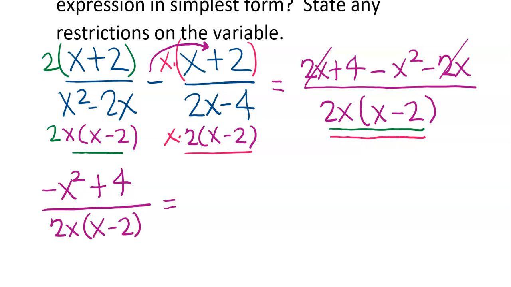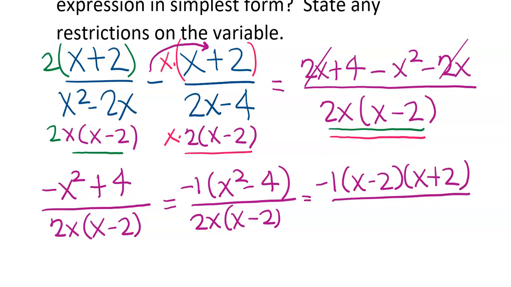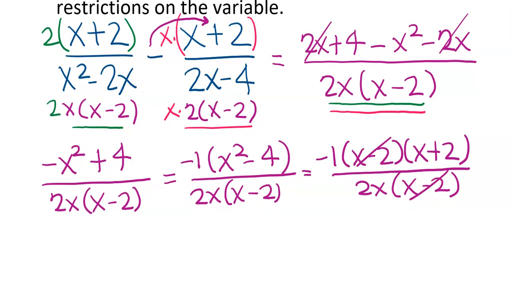I think that's the difference of 2 squares, so I'm going to take out a negative 1, which changes the sign of both of those. So it looks like this, x minus 2, x plus 2, 2x, x minus 2. The x minus 2 is gone, and I think that's about all we can do.